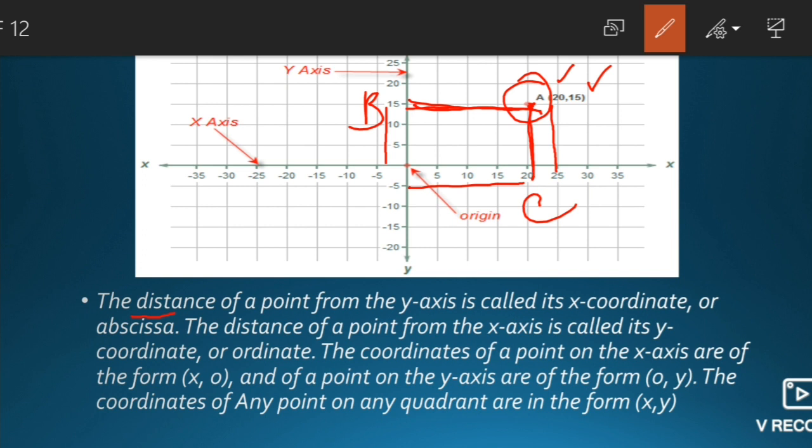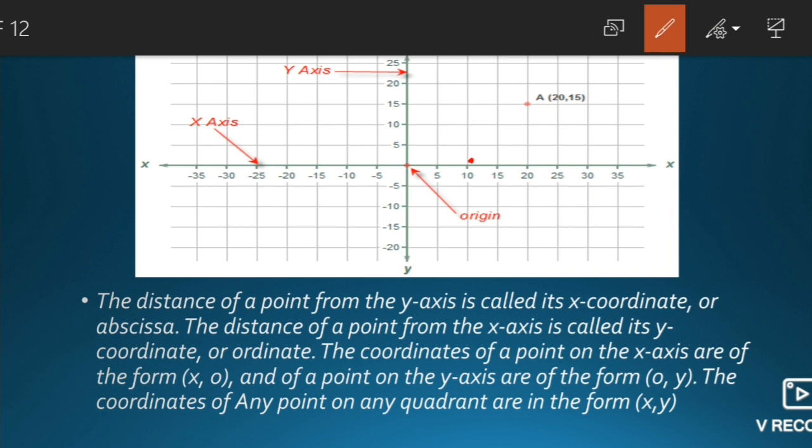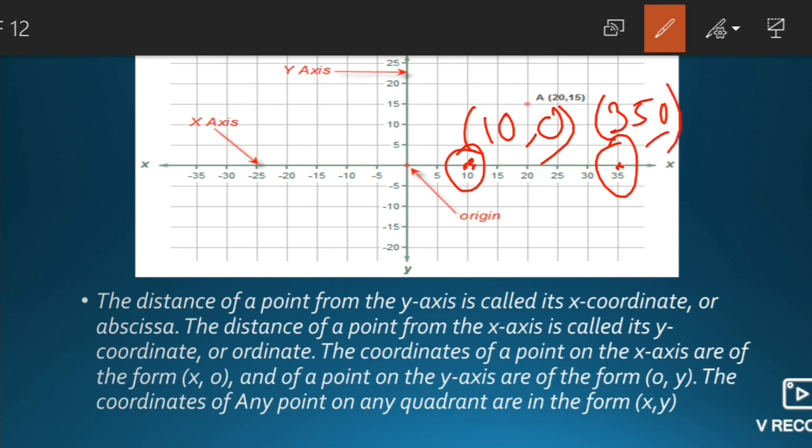Now any point on the x-axis is marked as (x, 0). Such as, if I take this point on the x-axis, it will be (10, 0). This point will be (35, 0), and this point will be (-20, 0).